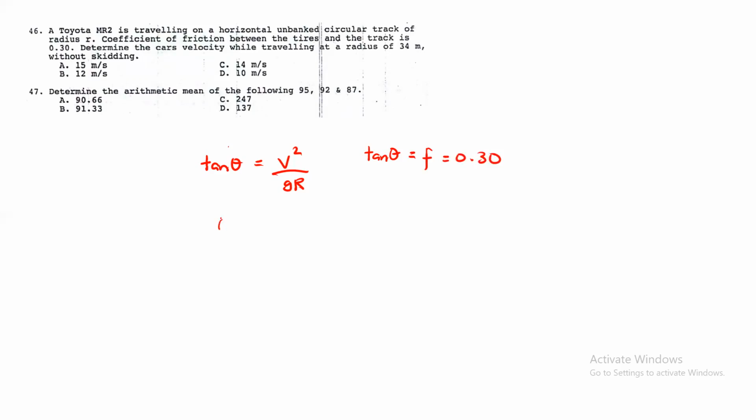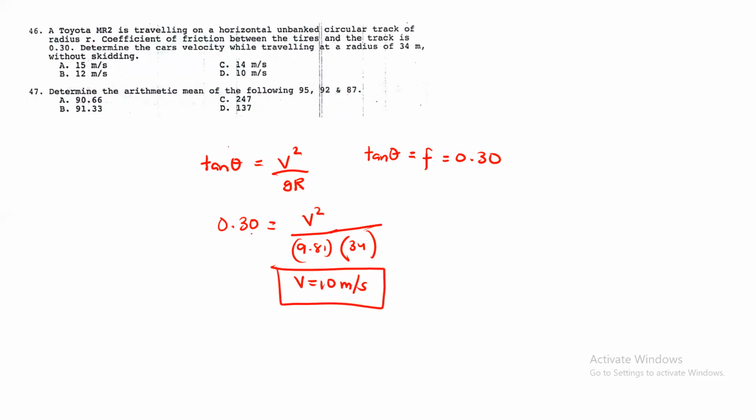So, substitute mo na kagad dito, 0.30 is equals to velocity, yung hinahanap, divided by 9.81 times radius na 34. So, very easy. Makuha natin velocity is 10 meters per second. So, the answer is letter D.